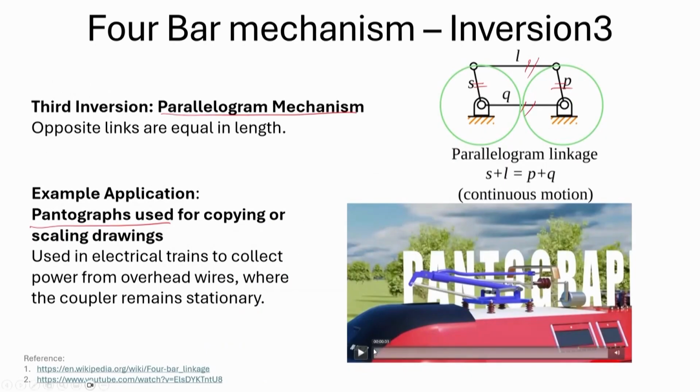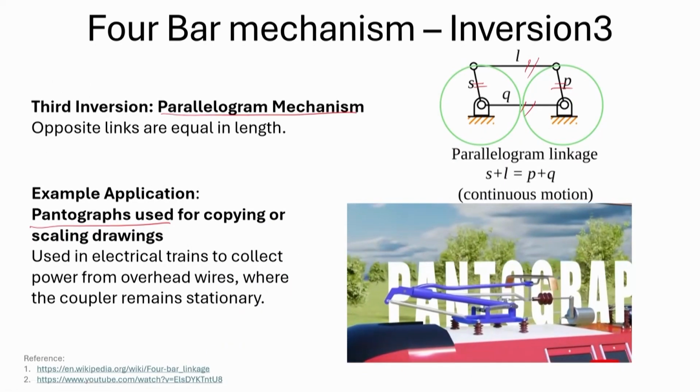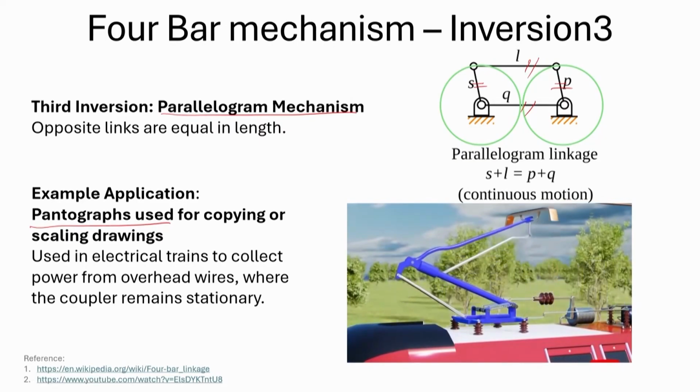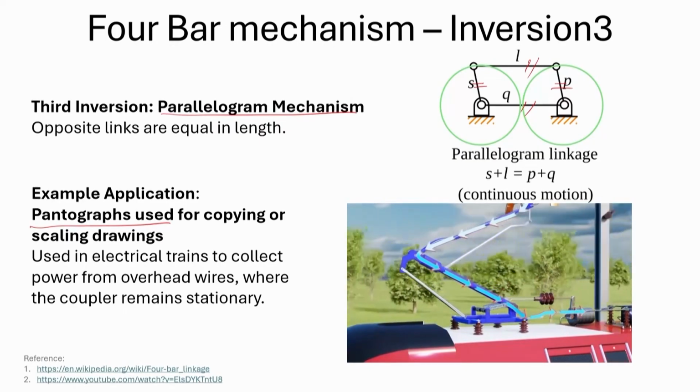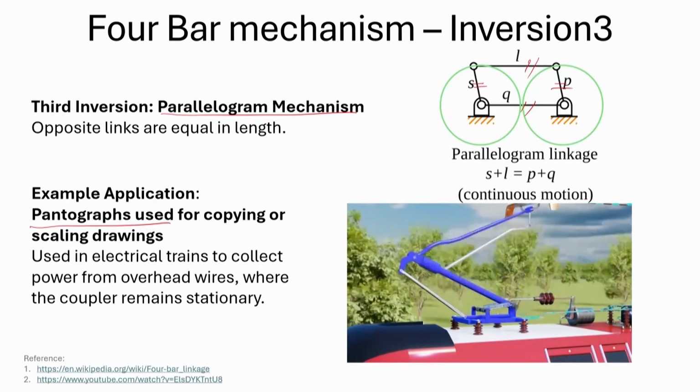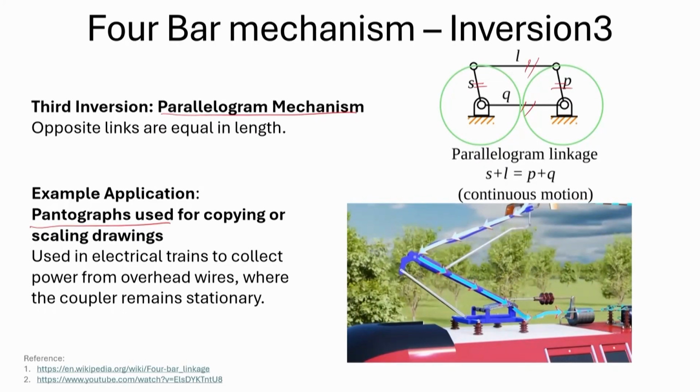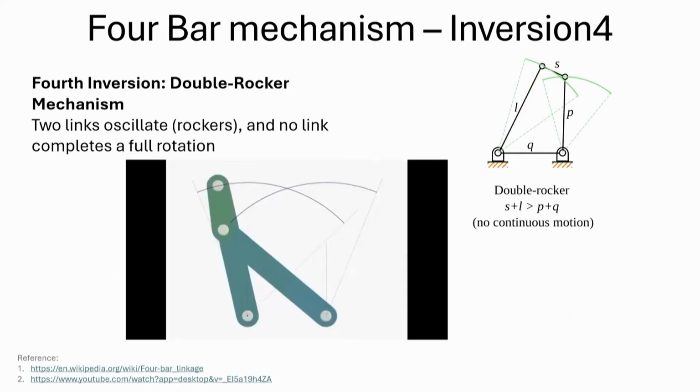You must have seen the railway pantograph, the way it works is exactly similar to this kind of inversion 3 of the 4-bar mechanism. We then come to inversion 4 of the 4-bar mechanism, which is also known as the double rocker mechanism.